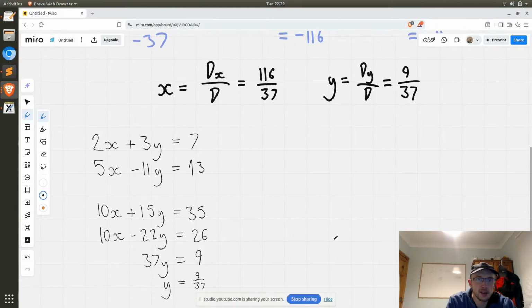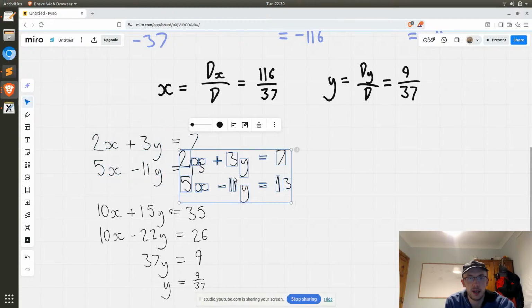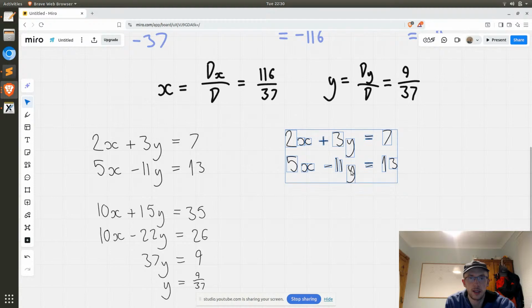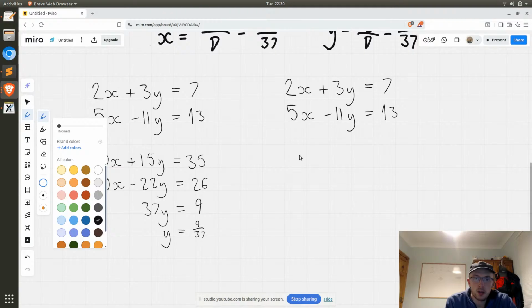As for x, now I could sub it back in, but instead I really want to just grab the whole lot and this time just eliminate y. So to eliminate y, multiply the top by 11.